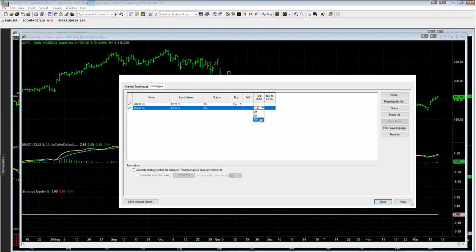So instead of reversing from long to short, I can say when you encounter a MACD short entry, just close the long position. So that's kind of powerful too. So you can test your strategies in a number of different ways just by turning on or off, or setting the entry on or off, or to exit here in the drop down.